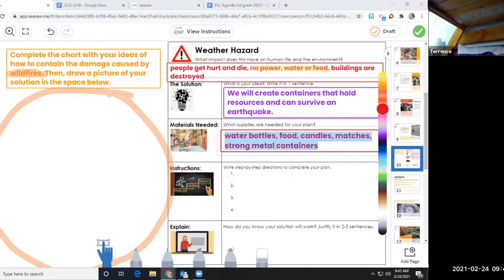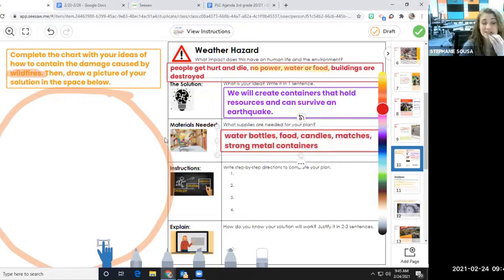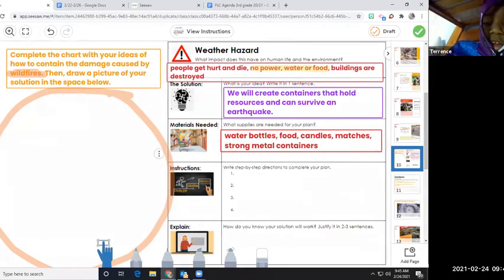Miss Sousa. Yep. But what if the containers don't work? You're right. I think that's why we'll need to test them, right? Part of the engineering design is testing to make sure they can survive. Miss Sousa, and we could probably make a container that can fit each family in it.